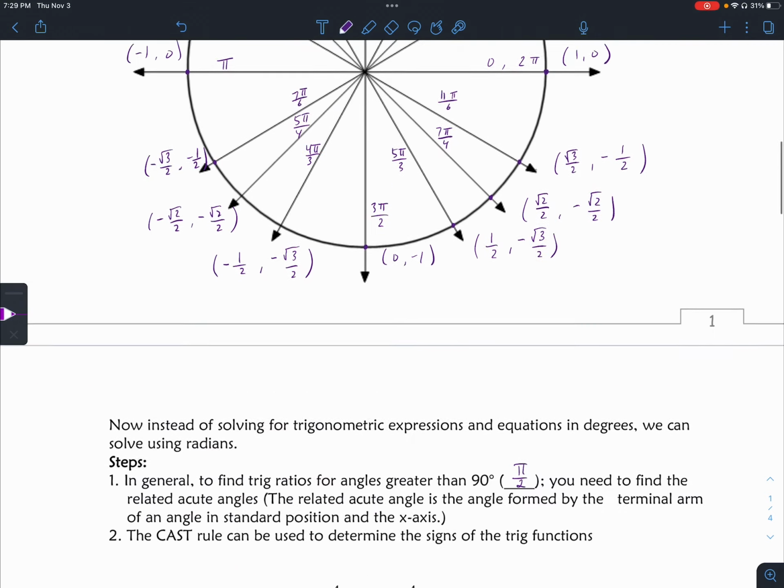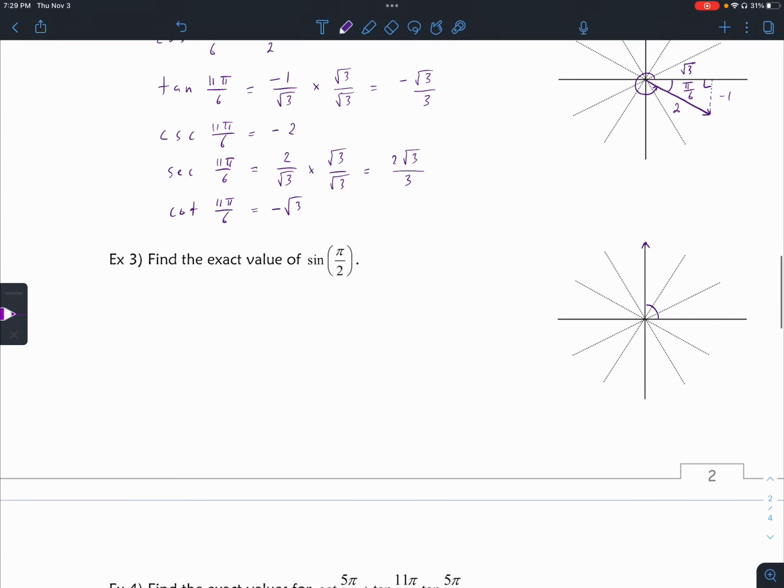Now, one thing that we can talk about briefly here is that normally when you have a terminal arm in standard position, the hypotenuse is r, the adjacent side to the angle theta is x, and the opposite side is y.